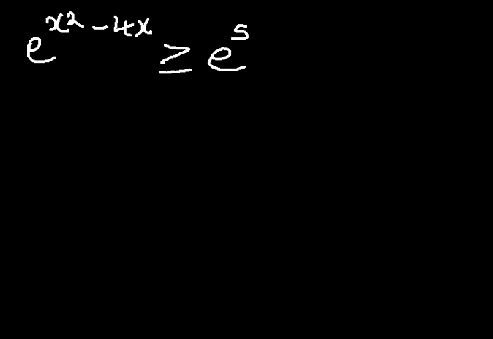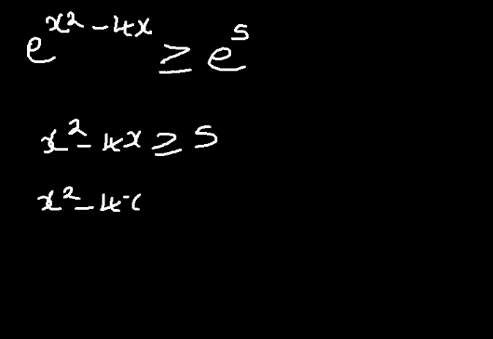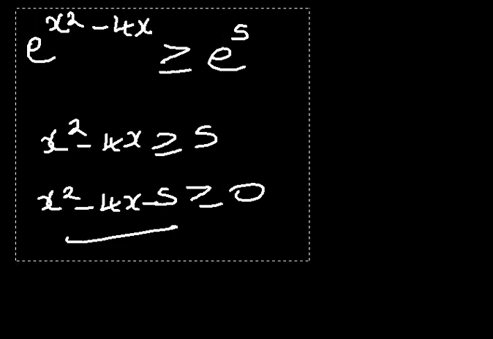Since the bases are the same, we just have to equate the powers. So we'll have x squared minus 4x greater than or equal to 5, which is the same as x squared minus 4x minus 5 greater than or equal to 0. Now this is part of the polynomial inequality, so try to have that on.